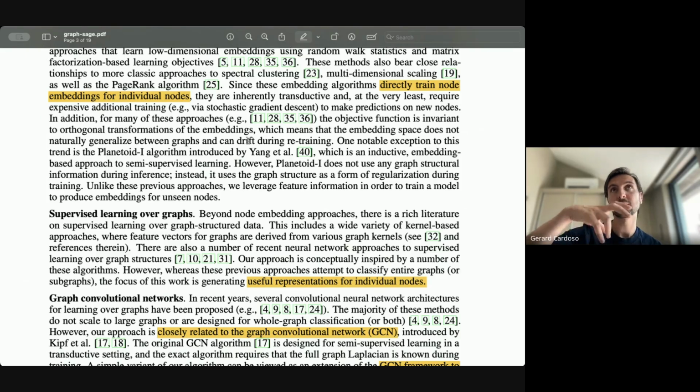The way these were being tailored to unseen nodes is that you would continue training, or do some kind of retraining. So you have to do more rounds of gradient descent once you have new nodes, to then be able to include those nodes and do prediction on them. This is quite expensive if you think about doing it for every new prediction where there's a new node.